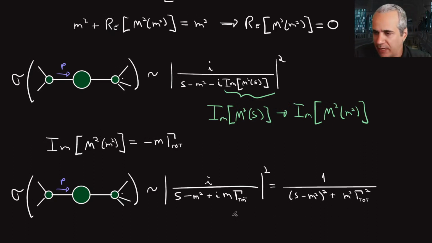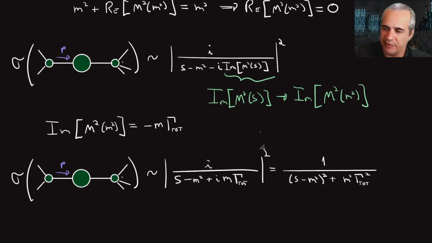So keep in mind that this is only good in this approximation where this is narrow. Otherwise, I cannot make this substitution here, and I really would have to know the shape of this function, the imaginary part of this function.